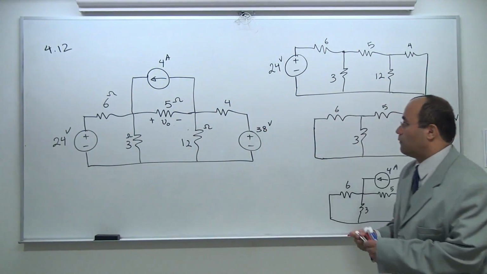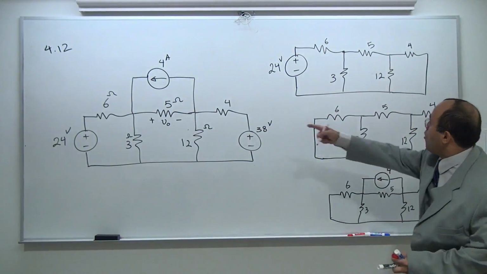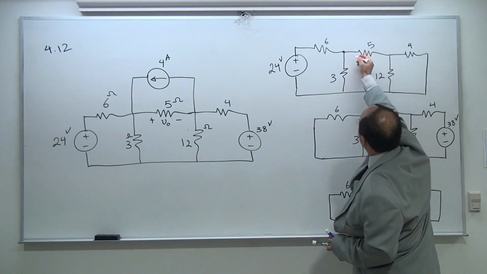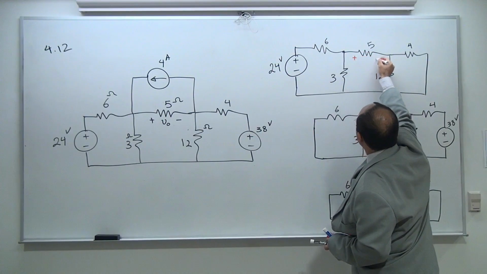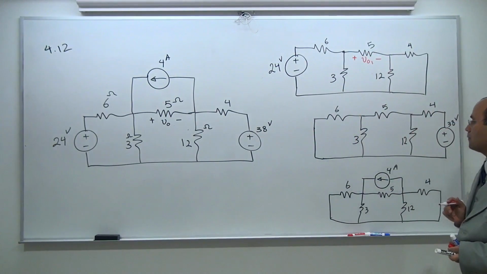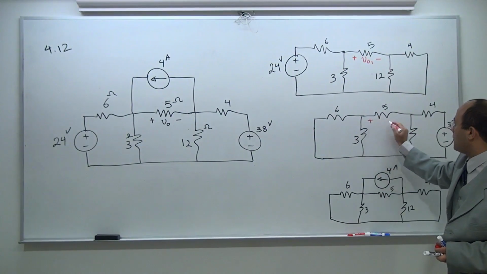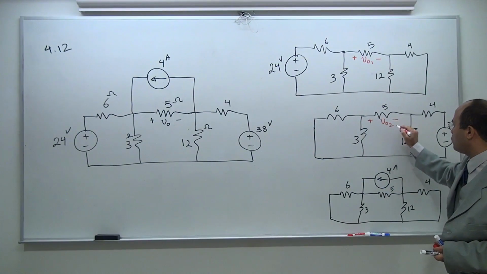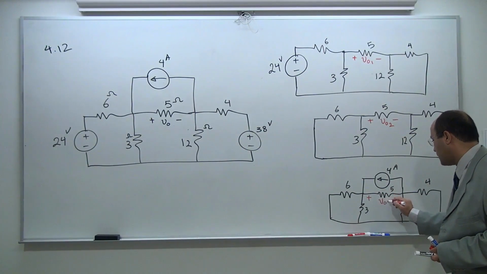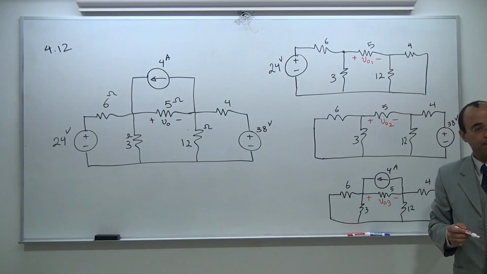I'm not done yet. What am I looking for? VO. VO is the voltage across the 5 ohm. I'm going to be conscious. I'm going to assign the same polarity, and I'm going to call this VO1. The same direction, same polarity, I'm going to keep it. And if it becomes negative, I'm going to take it. If it is positive, so be it.